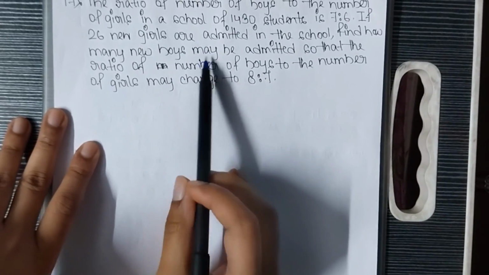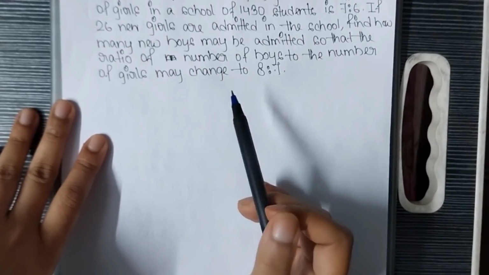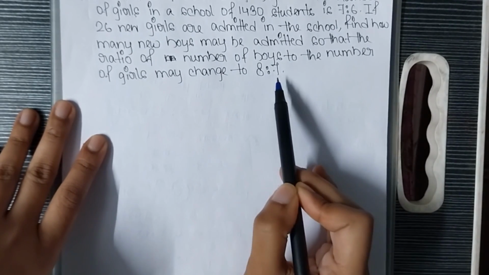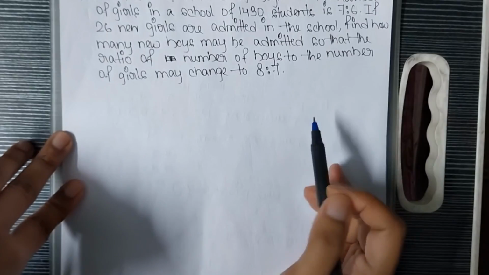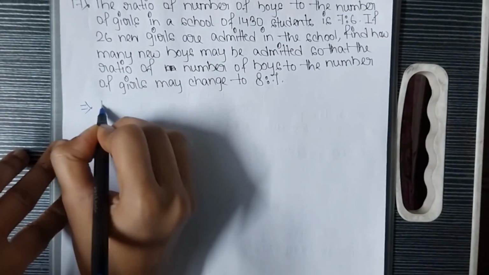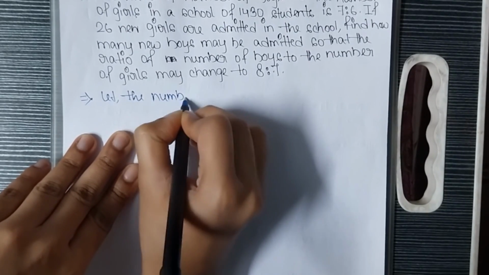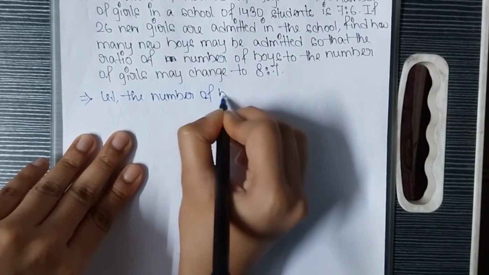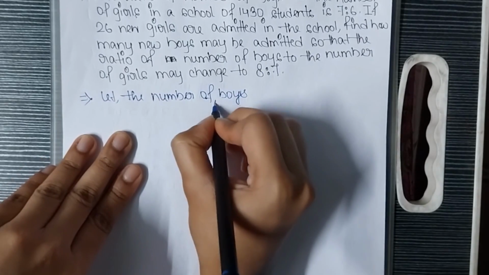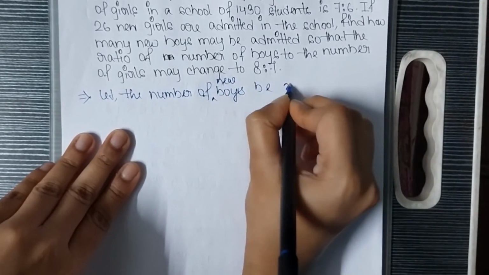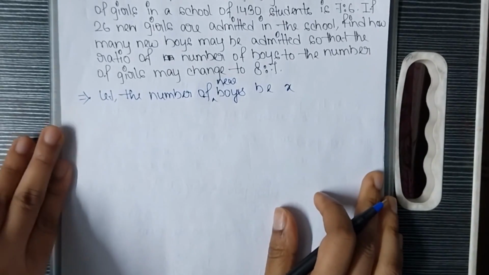So, how many boys should be admitted to become the ratio of the boys and girls is 8:7. So, let the number of new boys be x. We can assume it.